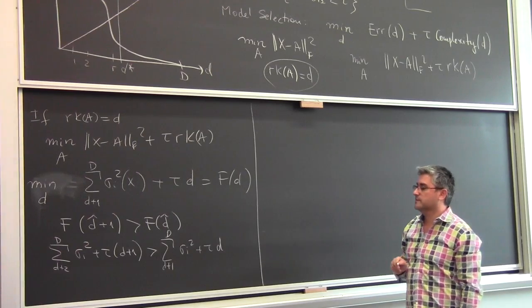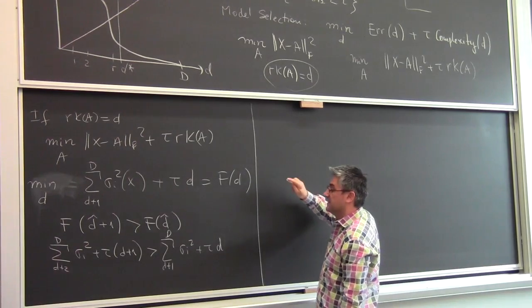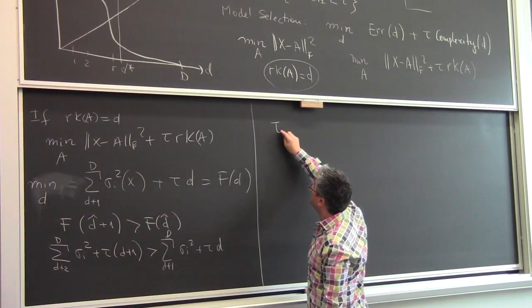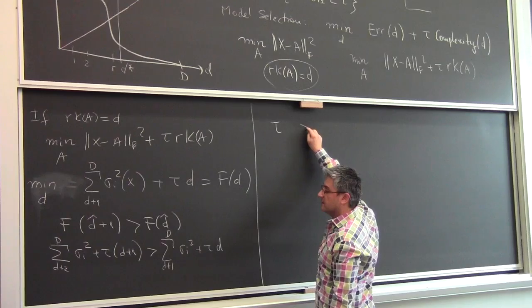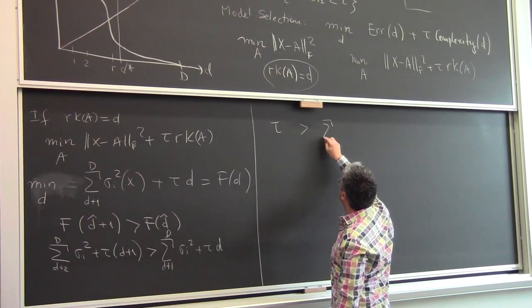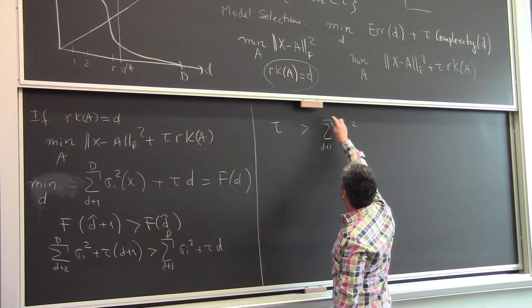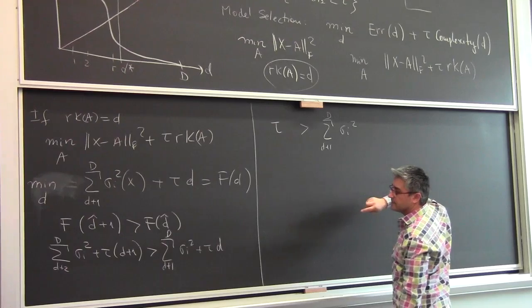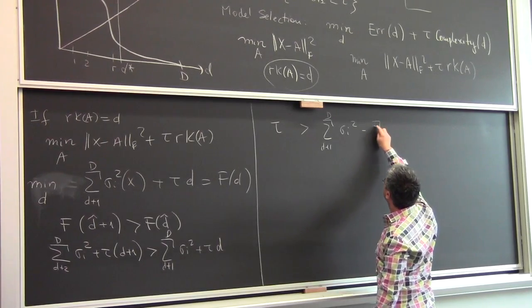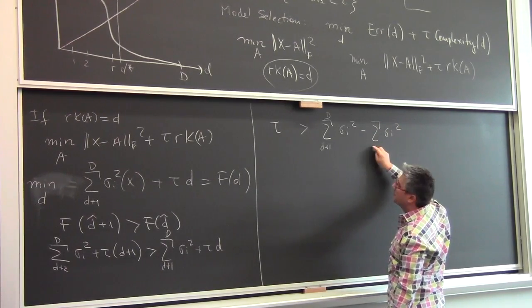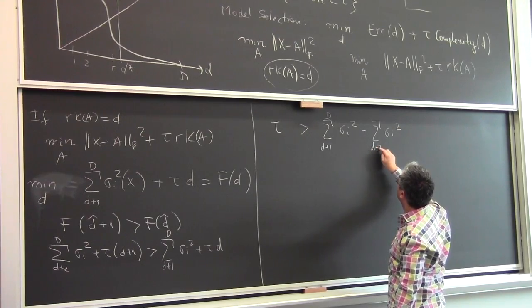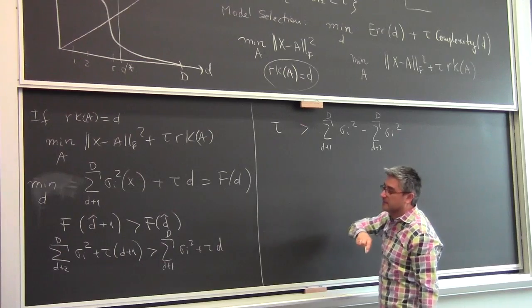And so what I get is that tau needs to be bigger than the sum of the sigma_i squared from d+1 to D minus the sum of the sigma_i squared from d+2 to D. Right?